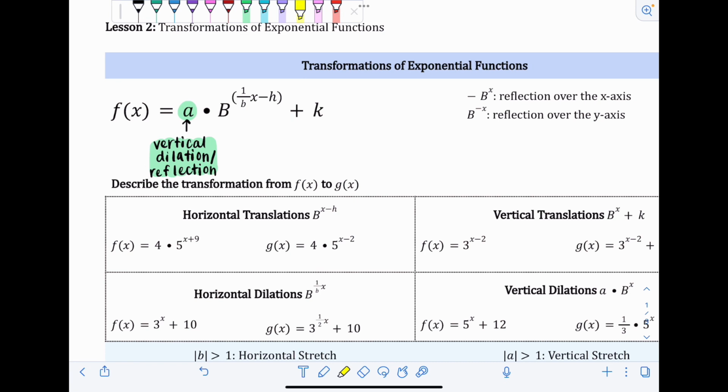And then this B is not any sort of transformation. It's just the base of the exponential, and that'll vary based on what the parent function is. And then for this one right here, that lowercase b, that's a horizontal dilation or reflection.